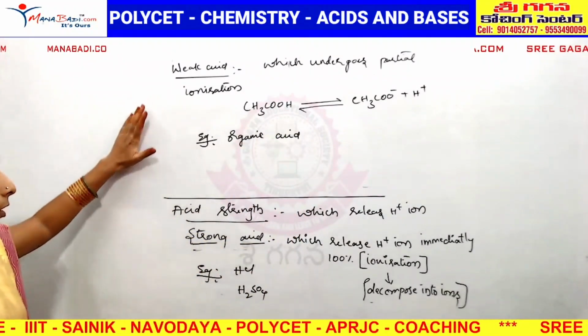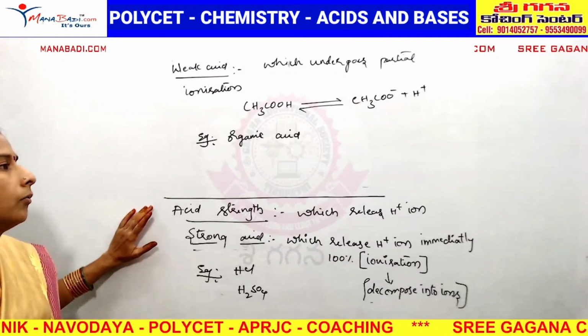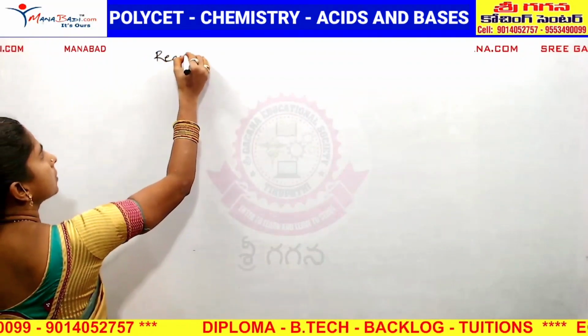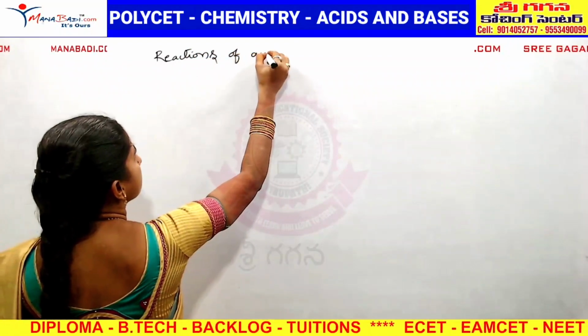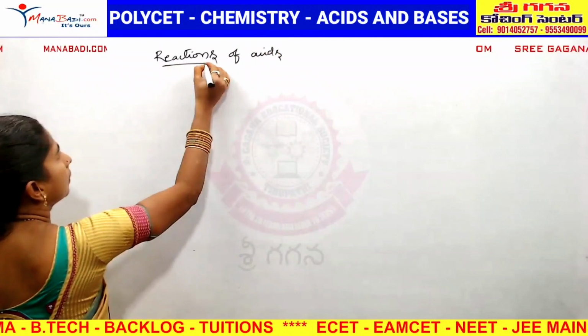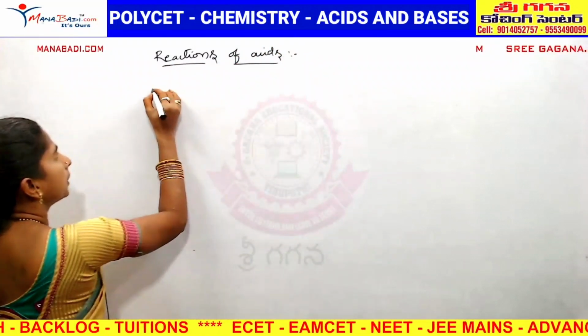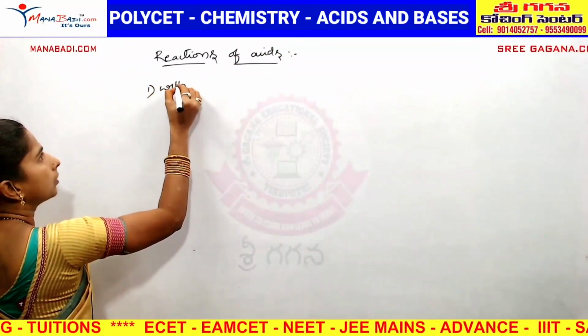This is the full information about reactions of acids. Reactions of acids: number one, with metals.